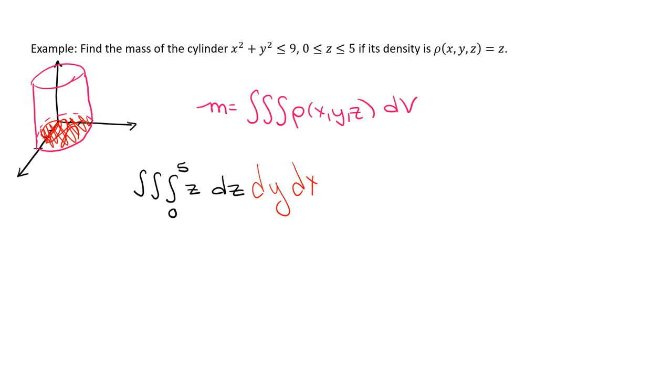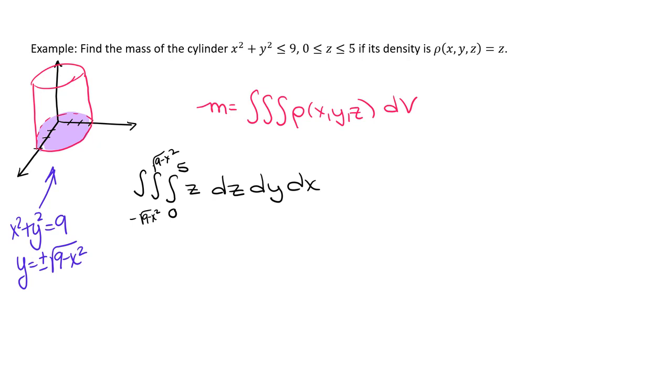Although, I think in this case, because we're dealing with a cylinder, it's actually going to be a little bit easier to work in cylindrical coordinates. If we wanted to work in rectangular coordinates, again, just to clarify why cylindrical coordinates are easier, for our dy dx we'd be looking at this circle that I've shaded in purple, the projection in the xy plane.